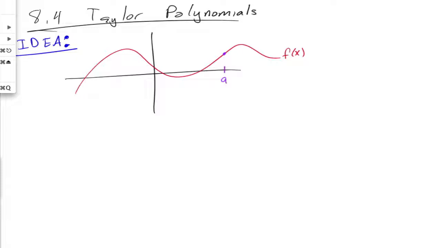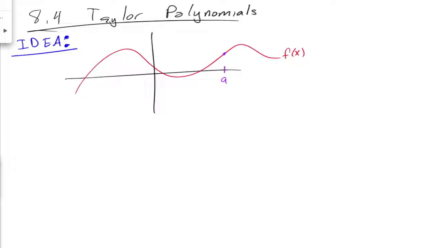You had a function, you found the derivative, then you found the tangent line. It's all over the place, right? You find the derivative, and then you find the equation of the tangent line.